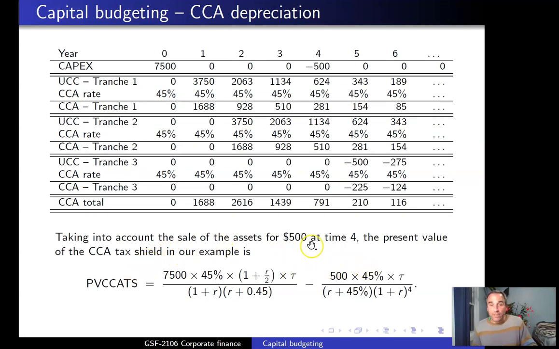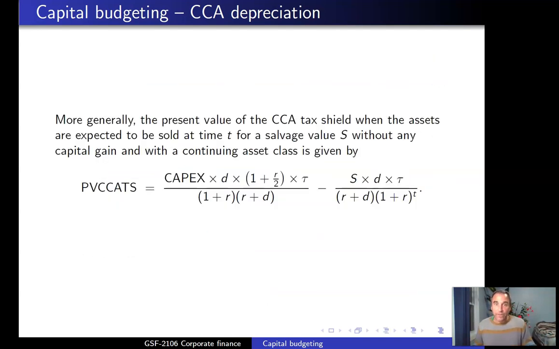So taking into account the sale of the asset for $500 at time 4, the present value of the CCA tax shield in our example is the present value of all the depreciation when the assets are used, minus all the depreciation we will not be able to claim because the assets have been sold for a certain amount.